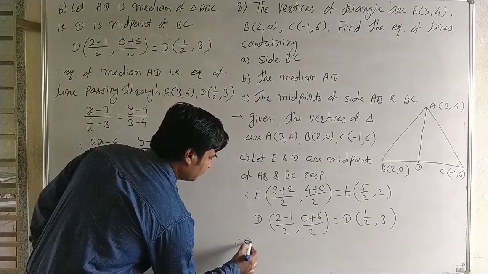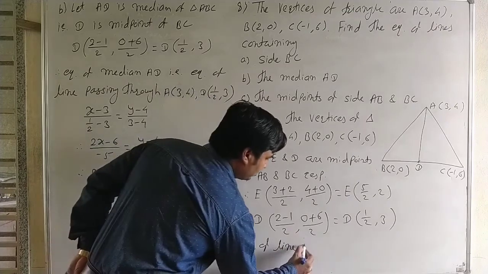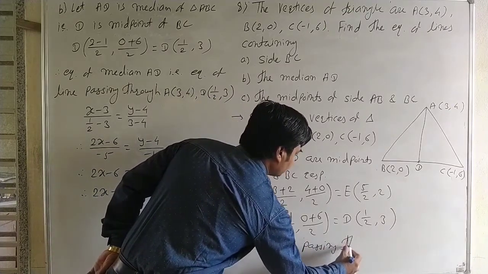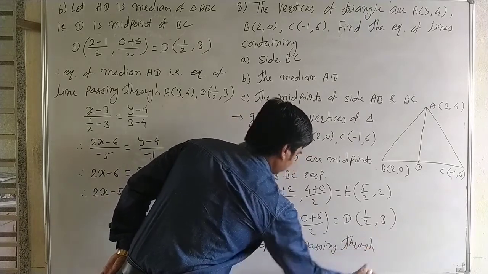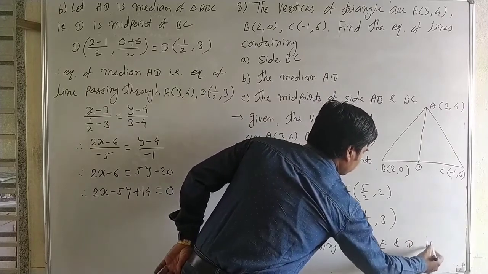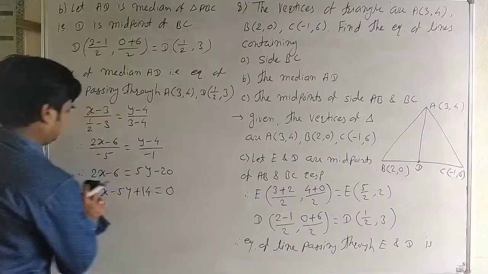Therefore, the equation of the line passing through E and D is, now this is x1, y1 and this is x2, y2.